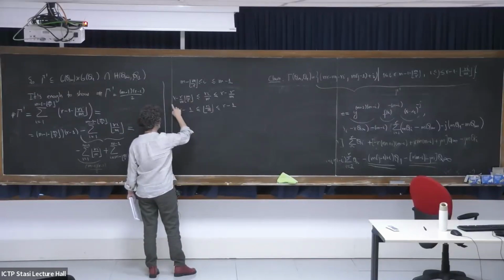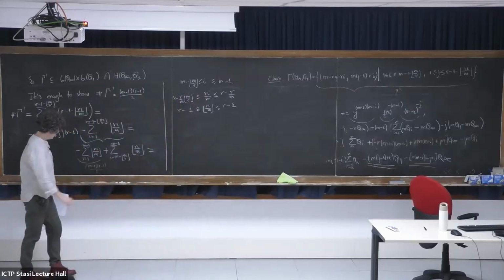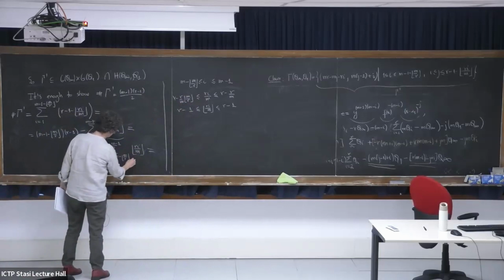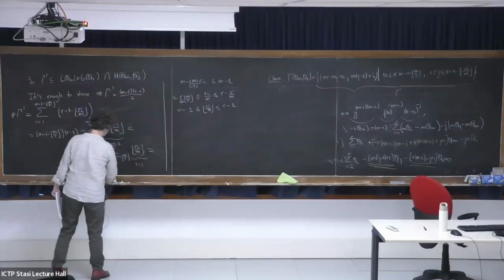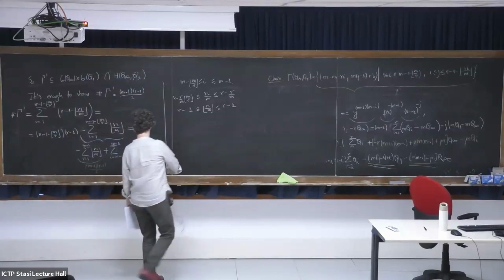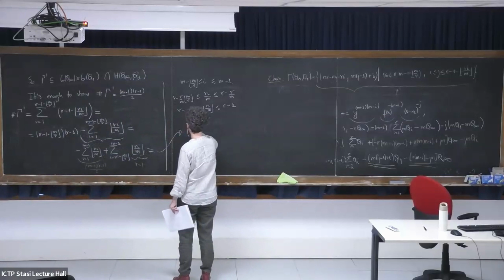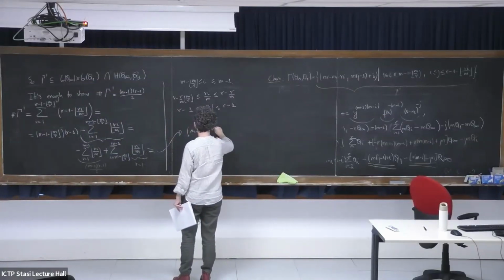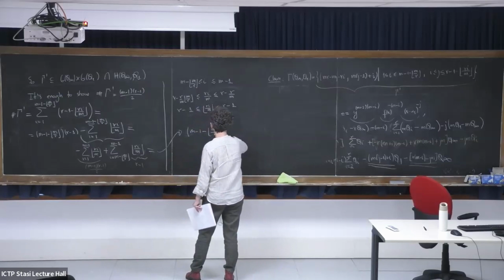The floor of this guy is just -1. Okay? So for this part, actually, you are adding the same thing all the time. This is just R -1. So what we get with this sum is just M -1 minus M over R, this times R -1.